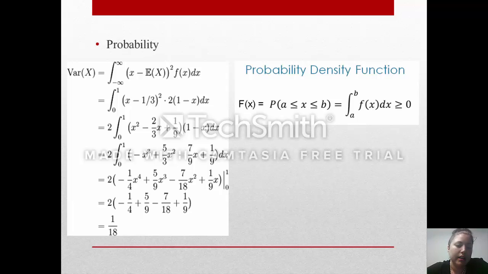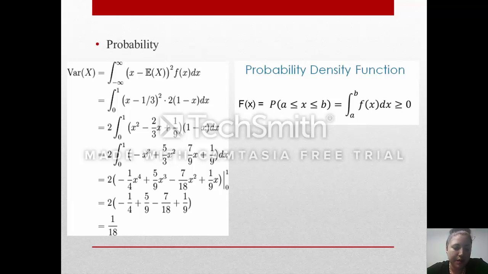We take the example where the expected value of x equals 1/3 and f of x equals 2 times 1 minus x. So we have the integral from 0 to 1 of x minus 1/3, quantity squared, times 2 times 1 minus x dx.